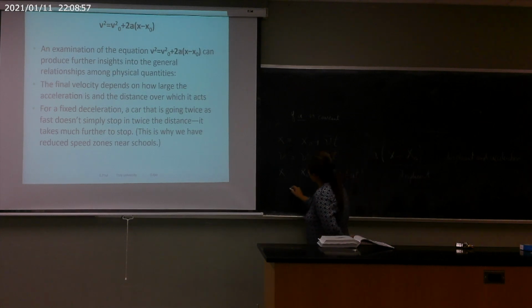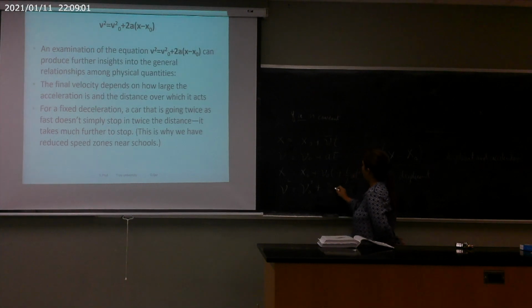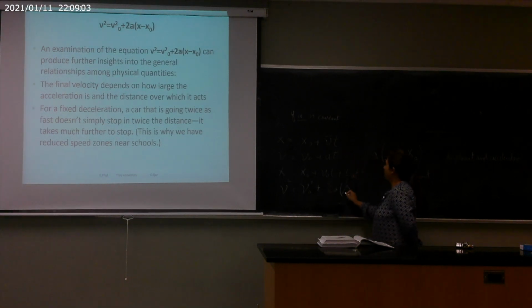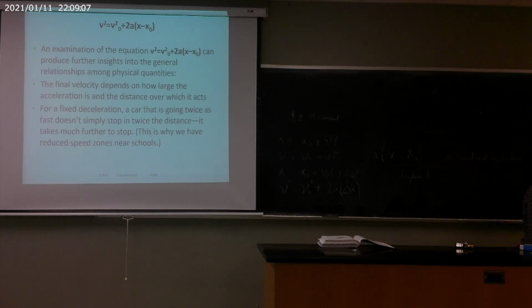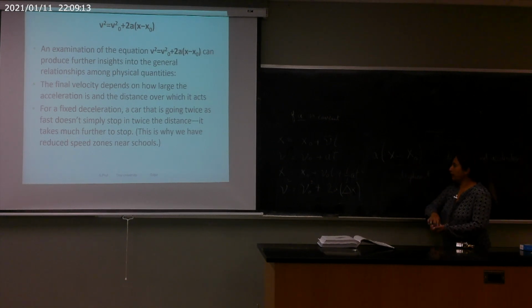The very last one, v square equals v naught square plus 2a delta x. You might notice I replaced x minus x naught by delta x. It doesn't make any difference.